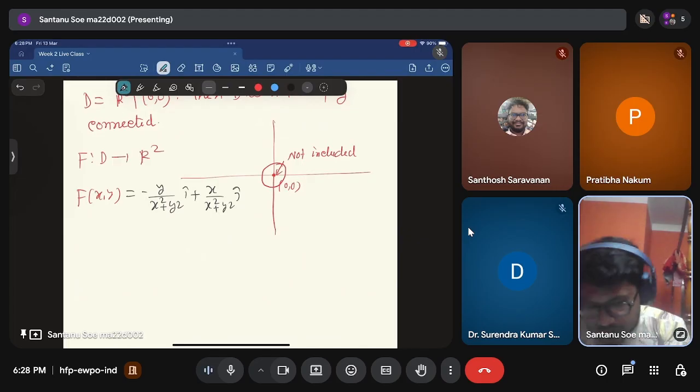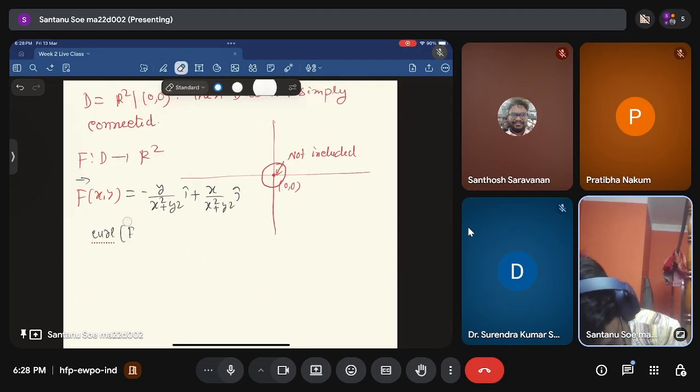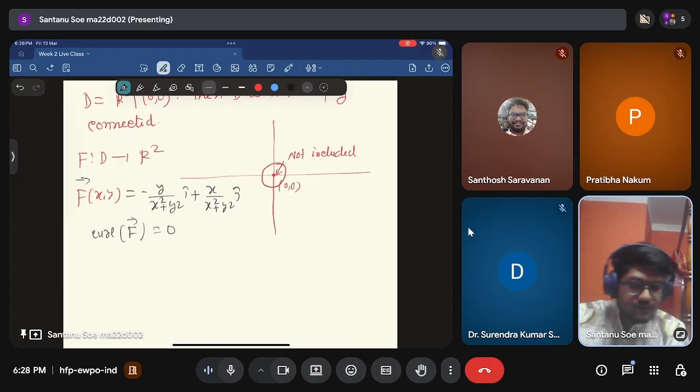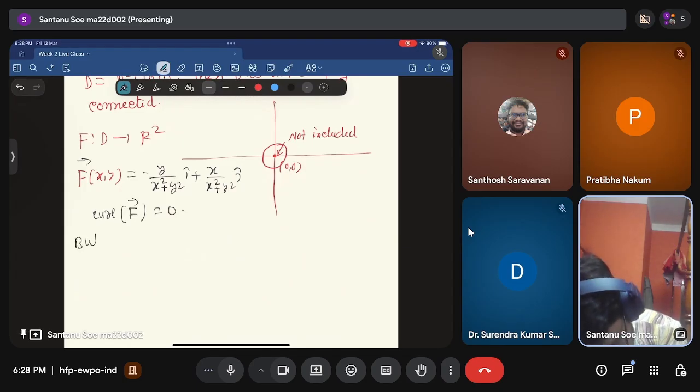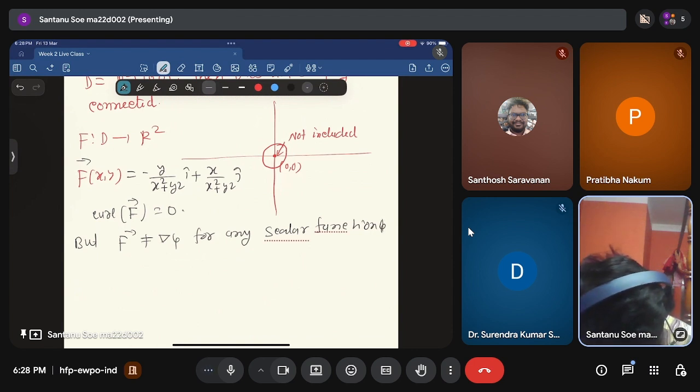So now it is easy to verify that curl of f is 0. Okay. So try to verify that curl of f will be 0, but f is not equal to gradient of phi for any scalar function phi.